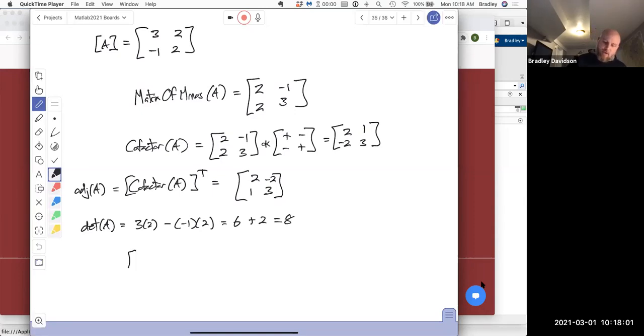And so we find that our matrix inverse, or inverse of A, is equal to our adjoint, so 2, -2, 1, 3, all divided by the determinant of A, which is 8. And we get the matrix 1/4, -1/4, 1/8, and then 3/8.